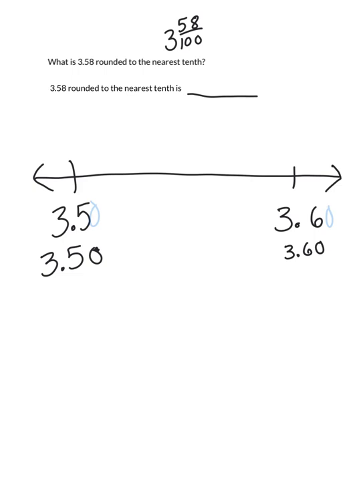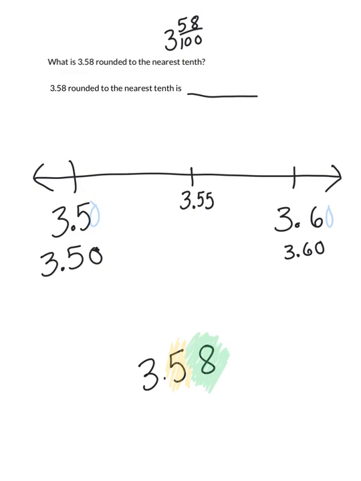Okay. So my midpoint exactly in between 3 and 5/10 and 3 and 6/10 is 3 and 55/100. That's exactly in the middle. So I need to figure out where 3 and 58/100 goes. Let me write it a little bigger. 3 and 58/100. So in order to round it to the nearest tenths place, I need to focus in on my hundredths place to help me make that determination.